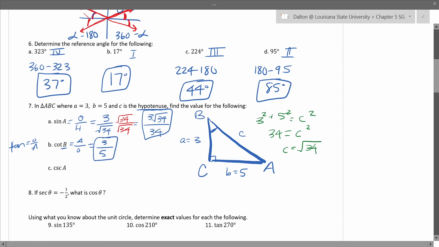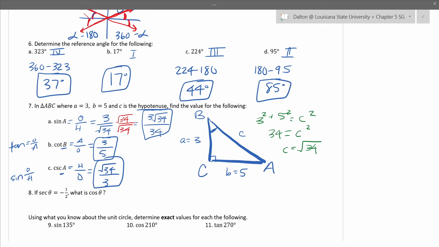And then the cosecant, remember cosecant pairs with sine, as weird as that is, which is opposite over hypotenuse. Therefore, cosecant is hypotenuse over opposite. So that's going to be the square root of 34. Remember, we're now using angle A as a reference, so opposite of angle A is 3. So there's your ratio.